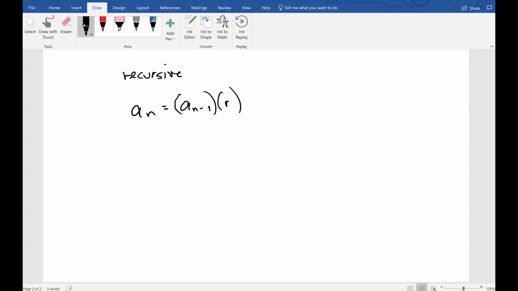All this says is basically that the term that you want to define, because n is going to be a variable, is equal to the previous term, the term right before the nth term, times some common ratio.